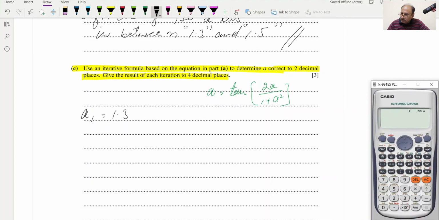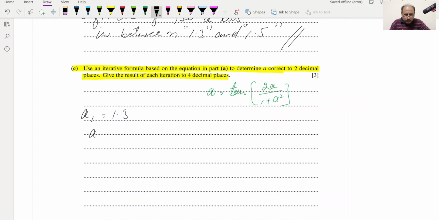We can write tan of 2, taking x instead of a, over 1 plus x squared, and we calculate this for 1.3, which gives 1.4484.